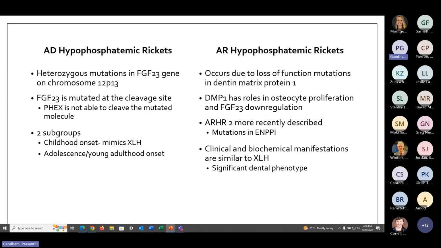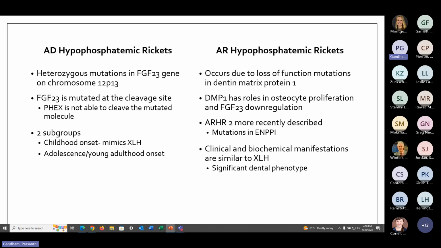It's expressed in osteoblasts and osteocytes, and it essentially has roles in osteocyte proliferation and FGF23 downregulation. And so these loss of function mutations ultimately result in increased circulating FGF23. More recently, like I said, we've discovered more mutations that are transmitted in an autosomal recessive form.